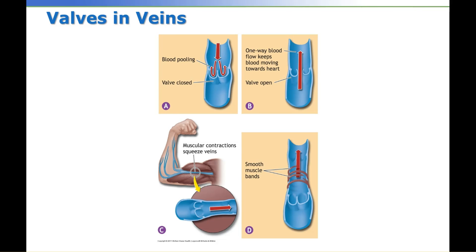And that's why after physical activity, you should really do a cool down, to reduce the pooling in the veins. An active cool down, maybe like slow jogging or walking afterward.